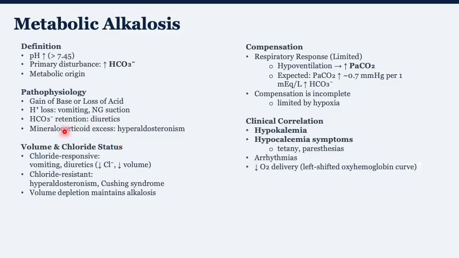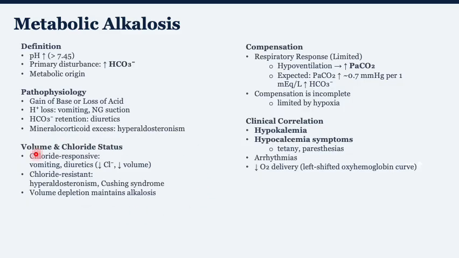Diuretics can also contribute to it. It can cause some bicarbonate retention. And then certain endocrine disorders like hyperaldosteronism will have an excess mineralocorticoid, which can also cause an alkalosis.